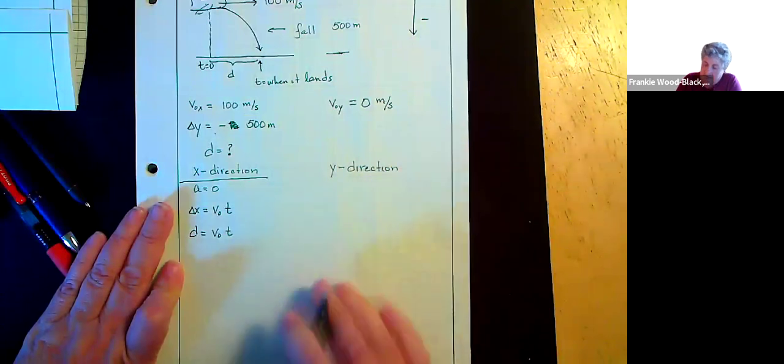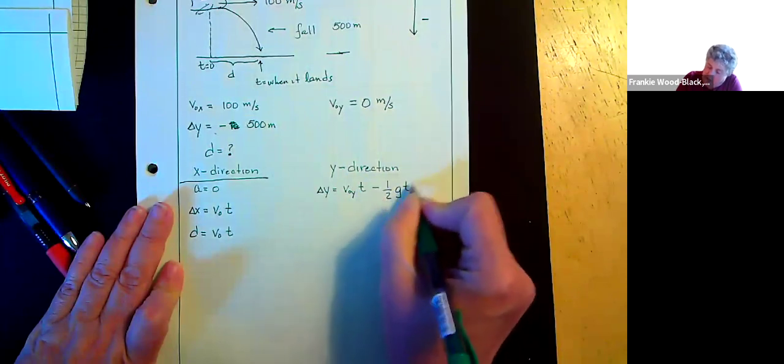For the y direction, I got a couple of things. I have my change in y is equal to my initial velocity in the y direction times time minus 1/2 gravity times time squared.